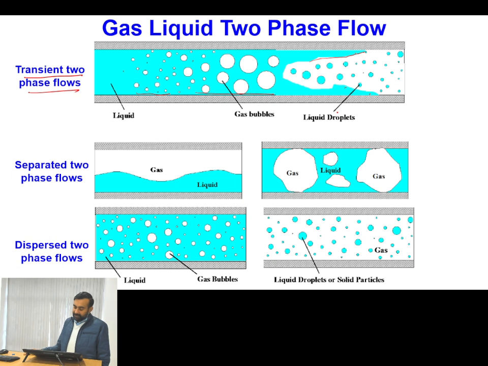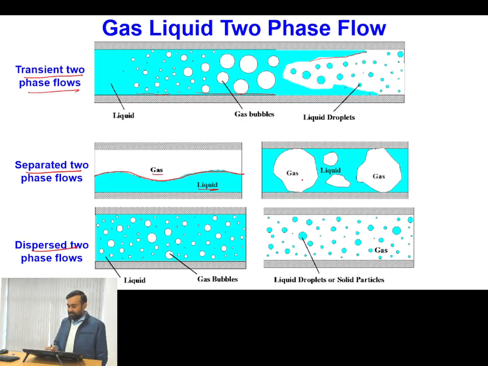On the other hand, if across the entire pipe the flow stays almost the same way, then we can simply categorize them as separated and dispersed two-phase flows. For example, in the first case, in separated flow, you can see a clear boundary separating liquid and gas.